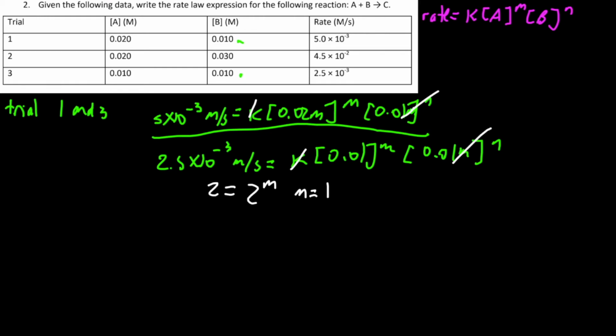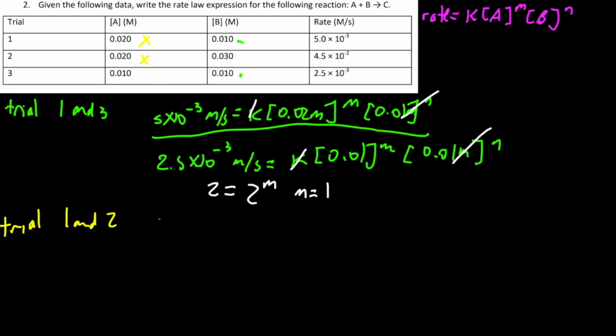Next, we're going to solve for N. And to do this, I see that trial 1 and trial 2, the A's will cancel out. So I will use trial 1 and 2.